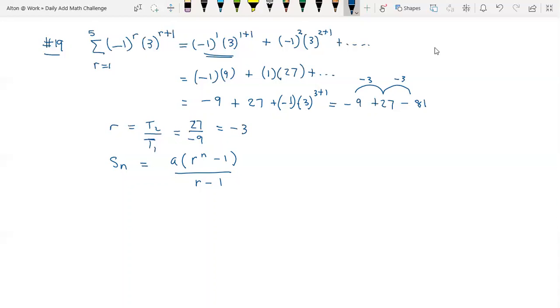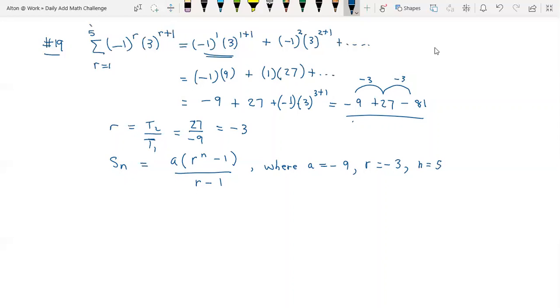Okay, so we are going to substitute our values. In this geometric series, your first term, a, will be minus 9. That's your first term right here. r, we said, is minus 3. And of course, we are interested in finding when n equals 5, the first 5 terms.